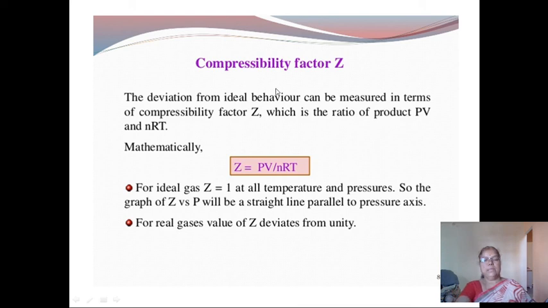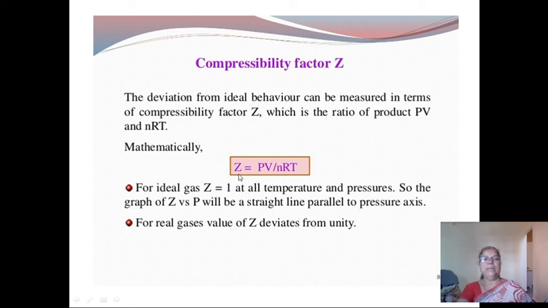Here, the extent of deviation of the real gas from ideal behavior is expressed in terms of the compressibility factor, denoted by the letter Z. The deviation from ideal behavior can be measured in terms of the compressibility factor Z, which is the ratio of PV and nRT.